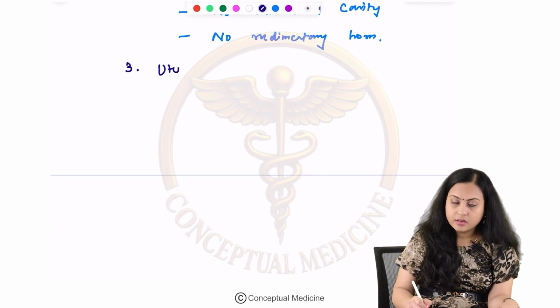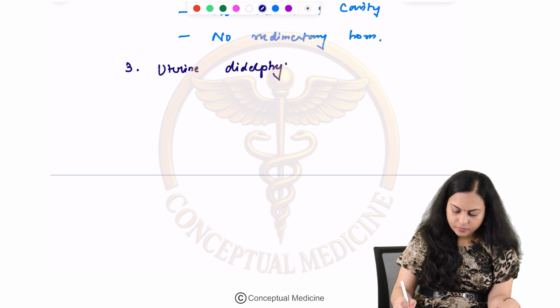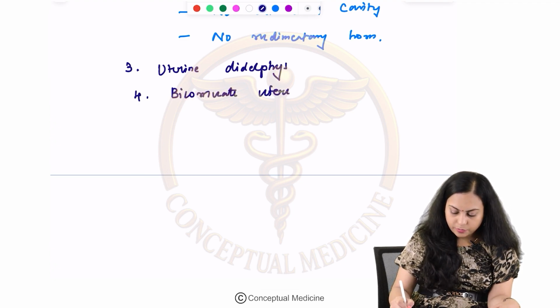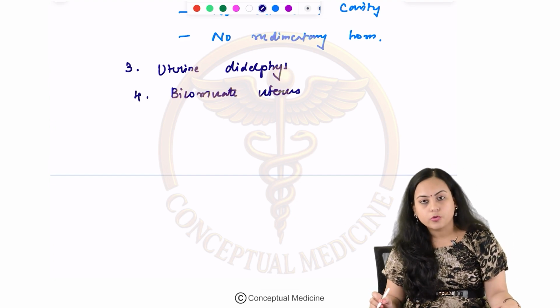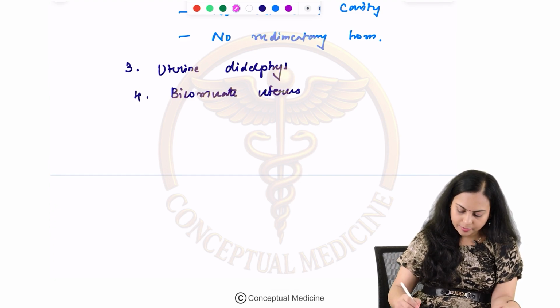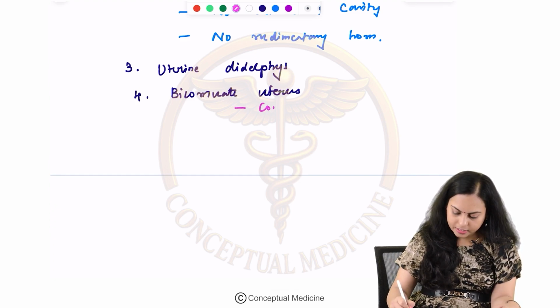Third type is uterine didelphys. And the fourth one is bicornuate uterus. Both horns of the uterus grow normally, but they are not uniting. This can be further a complete one or a partial one.